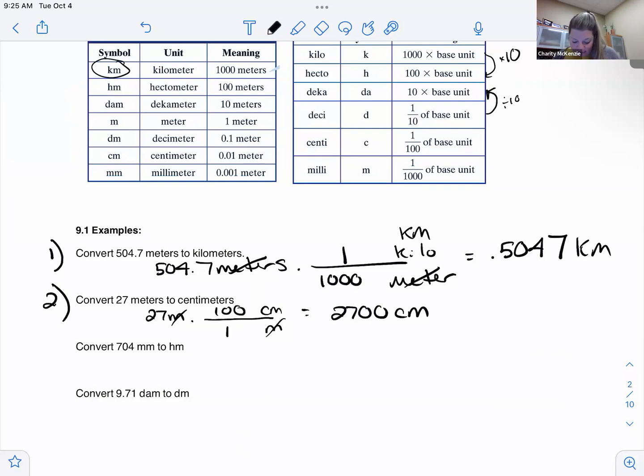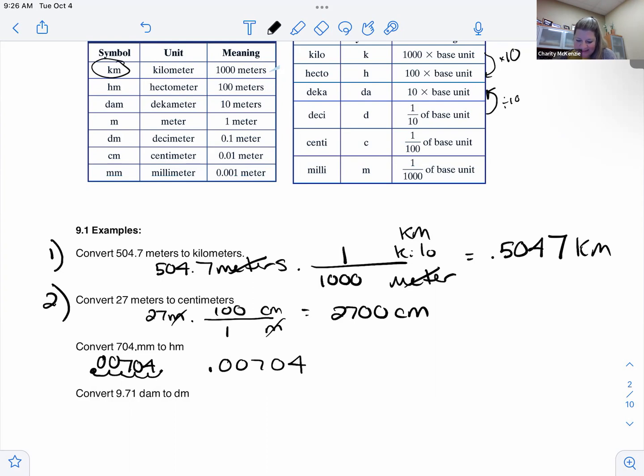The decimal starts here, after the 7. 1, 2, 3, 4, 5, and you have 2 zeros there. So 0.00704. That's probably the easiest way when you go away from the meter. The main thing is just divide or times, which moves the decimal by tens.